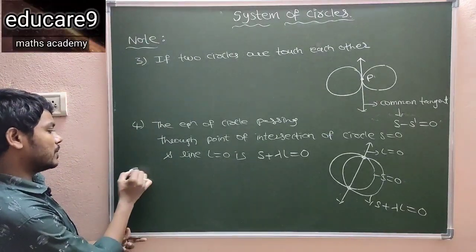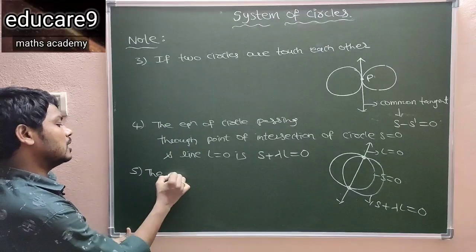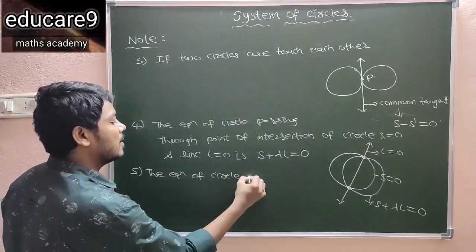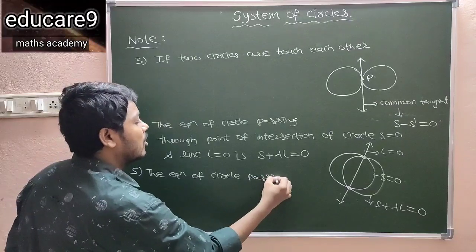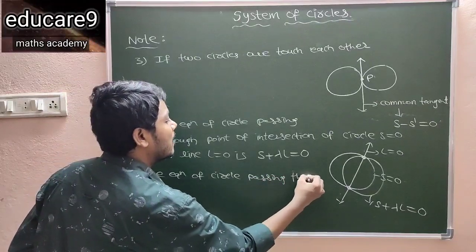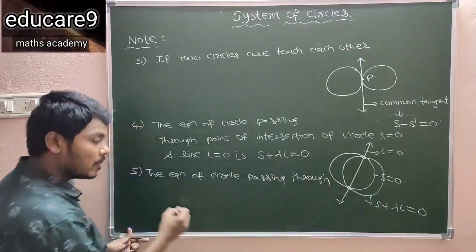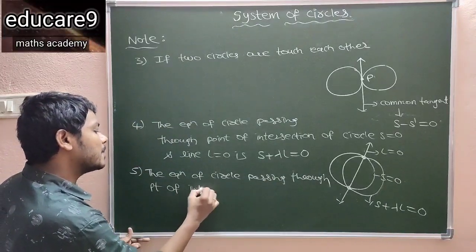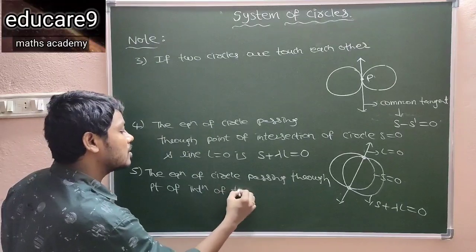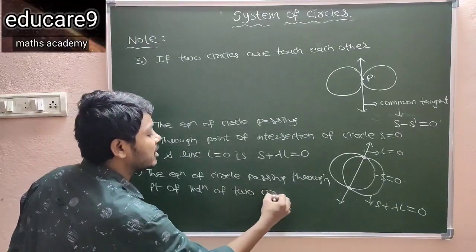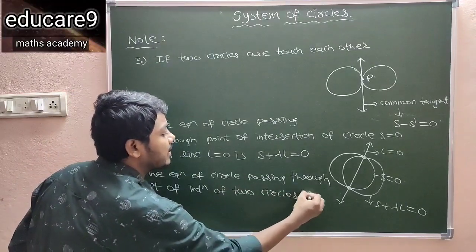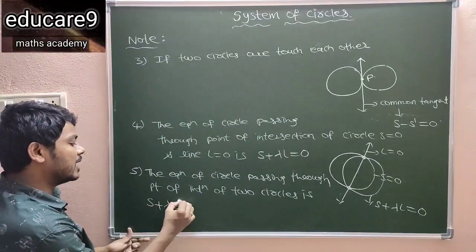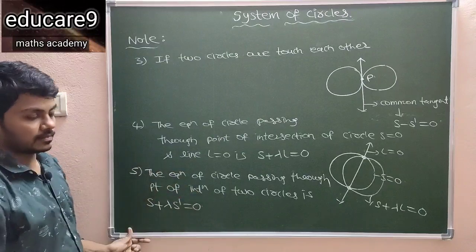And the fifth one. The equation of a circle passing through the point of intersection of two circles is S plus lambda S dash equals to 0.